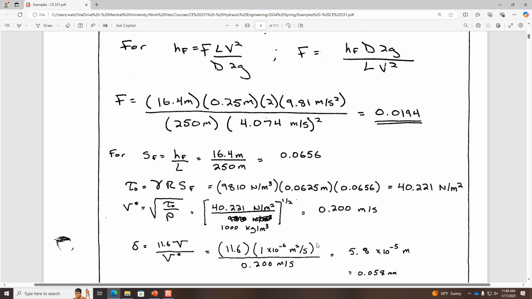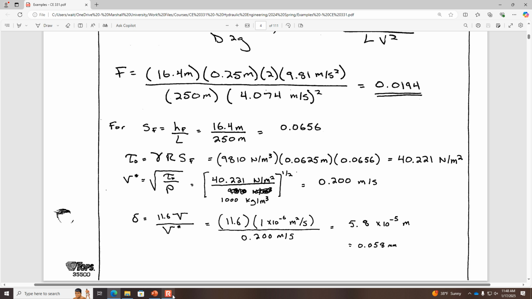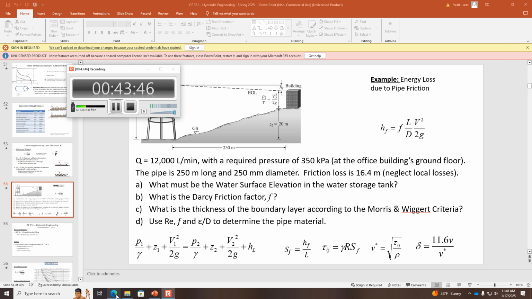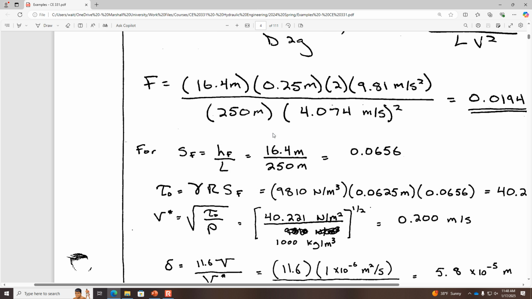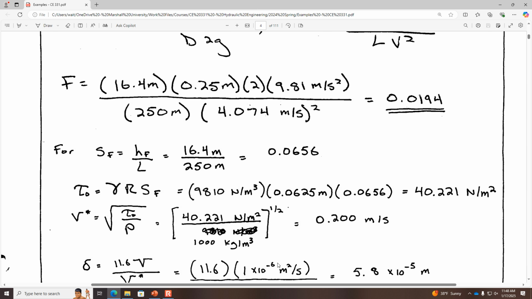And then this last part is about the thickness of the boundary layer, according to the Morrison-Wigert criteria. To get the thickness of the boundary layer, we're going to need to know the shear stress. So we use the slope of the energy grade line to help us estimate the shear stress magnitude.